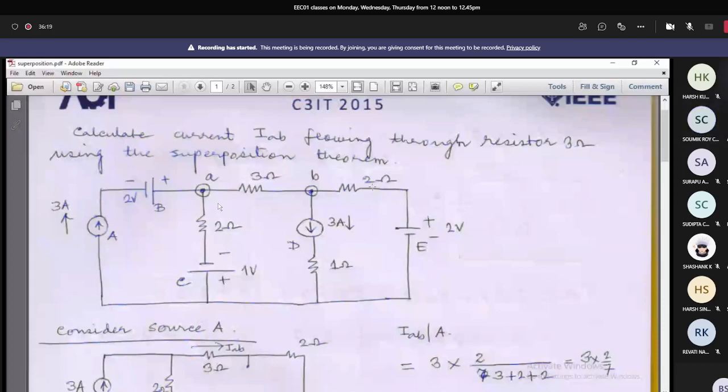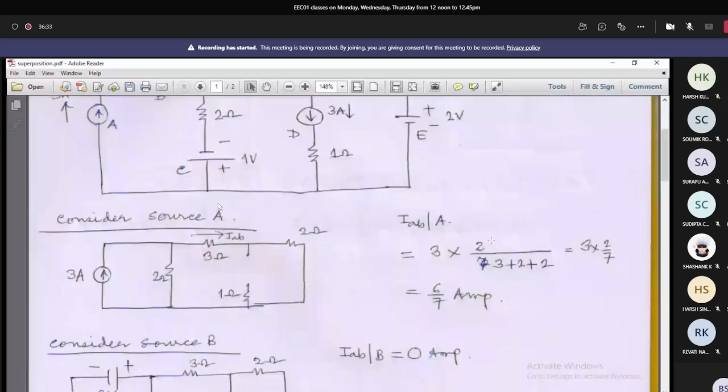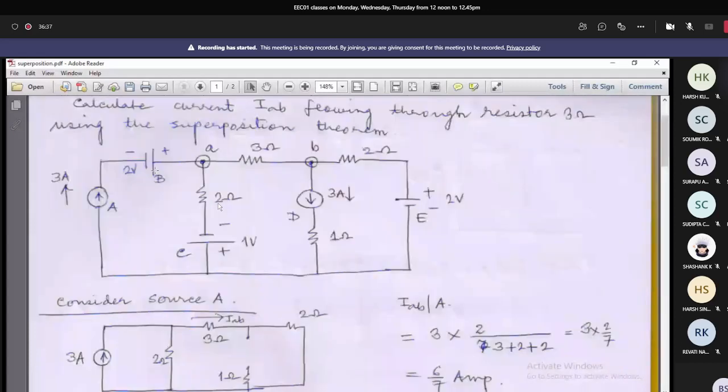We have so many sources, 1, 2, 3, 4, 5. So 5 sources. I have named them A, B, C in that way. This A, this B, C, this is D and E. So whenever we consider only source A, then what to do? Source A is a current source, so we have to replace all the ideal voltage sources by short circuit and the current source here by open circuit. I have opened this current source.